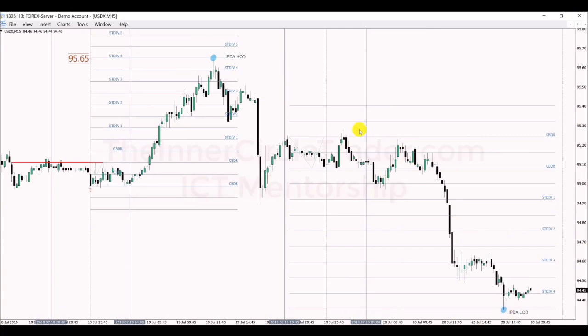Again, we're using the range defined by the highest body and lowest body, and projecting that down, and we get our levels as seen here. So we have several confluences as taught by the mentorship, and especially price action model number 5.